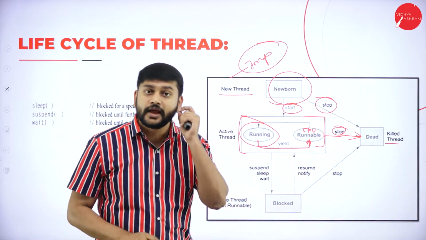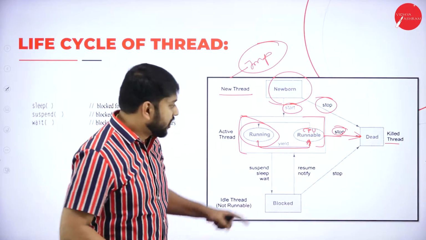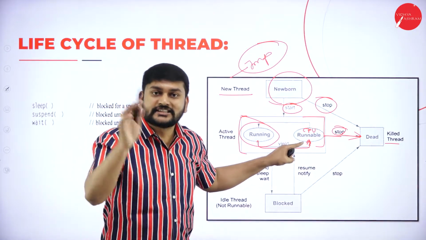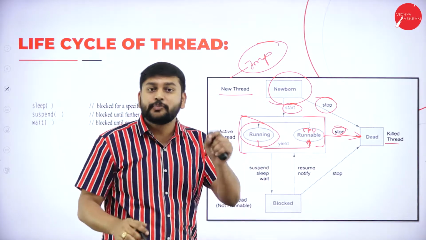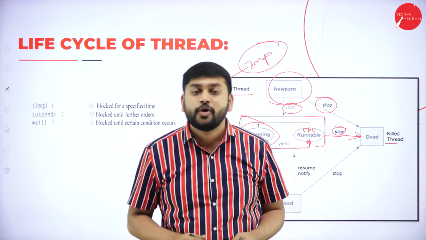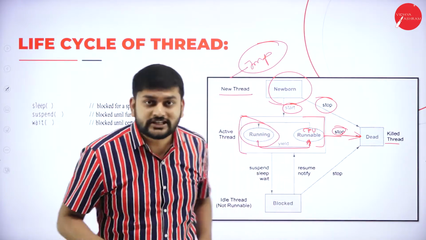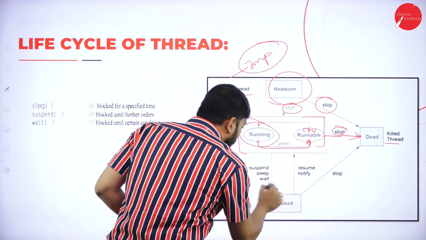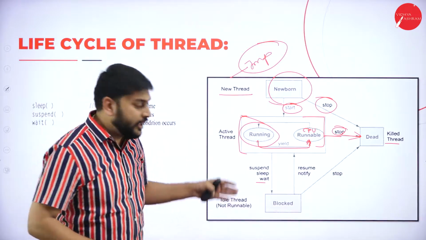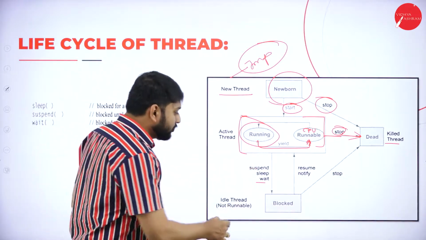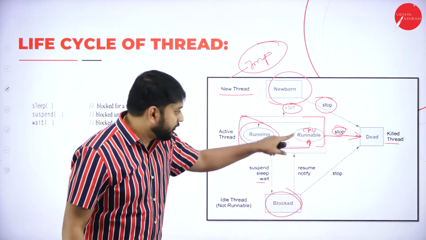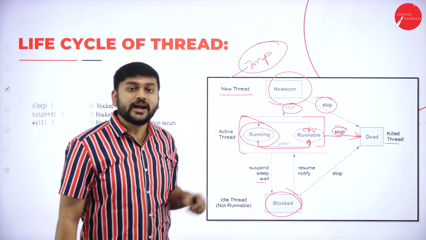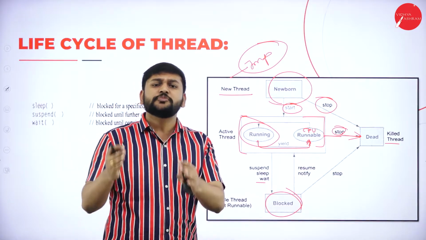Suppose, remember I have a clause here. When the processor is executing that thread's job, it demands some input-output operation to complete that job. What happens then? It will suspend, or it can sleep, or it can wait. It can move to any of these states and it will be sent to the block state. That thread will come back to the block state from the runnable state because it requires some input-output operation.